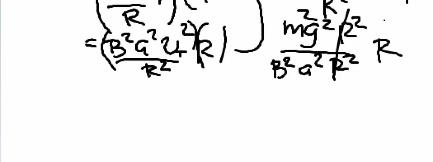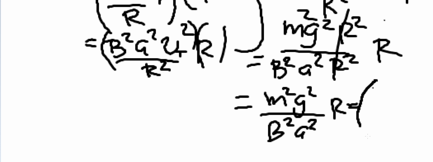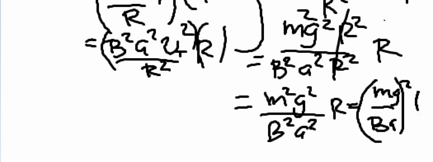And yeah, you do get the answer. M squared G squared over B squared A squared times R, or in other words, mg over BA squared times R.